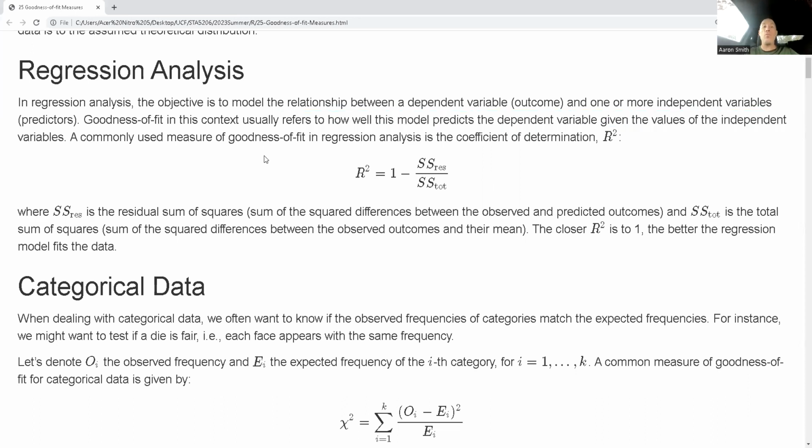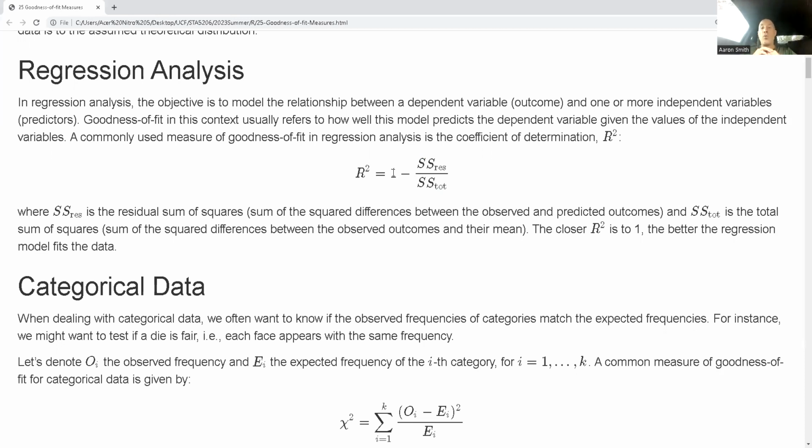A commonly used measure of goodness of fit in regression is the coefficient of determination, R squared. Now, this one has some problems with overfitting, but it's by far the most well understood of all of the goodness of fit ones, so I'm putting it here in the video. Here we have our sum of squares for residuals, divided by sum of squares total, and then 1 minus that, and that will be our R squared.